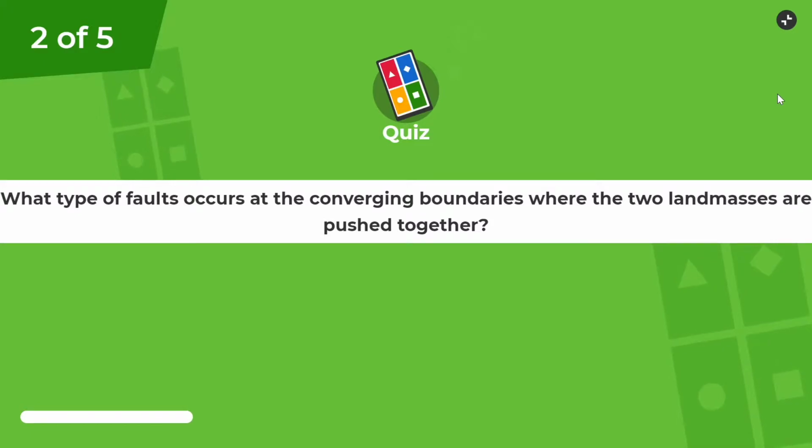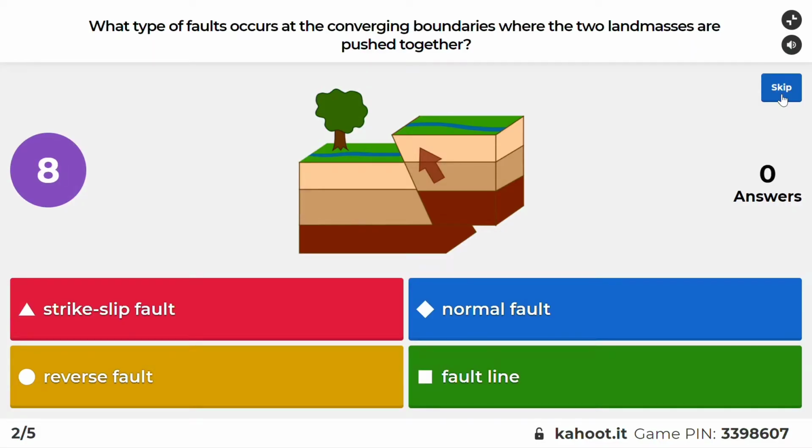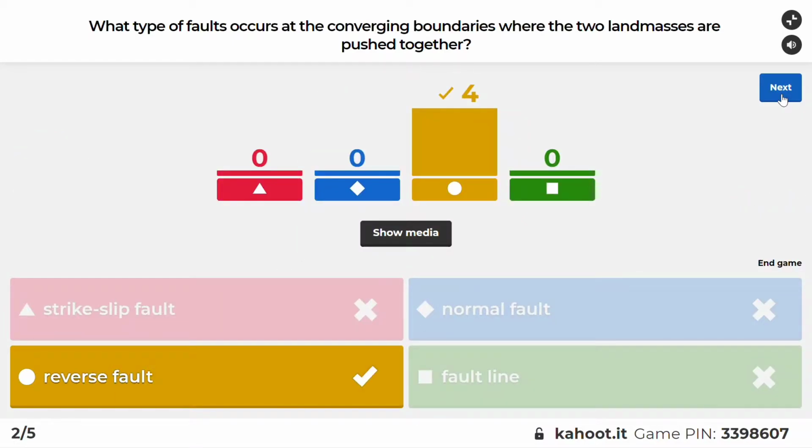What type of force occurs at the converging boundaries where the two land masses are pushed together? Is it strike slip fold, reverse fold, normal fold, or fault line? The answer is reverse fold.